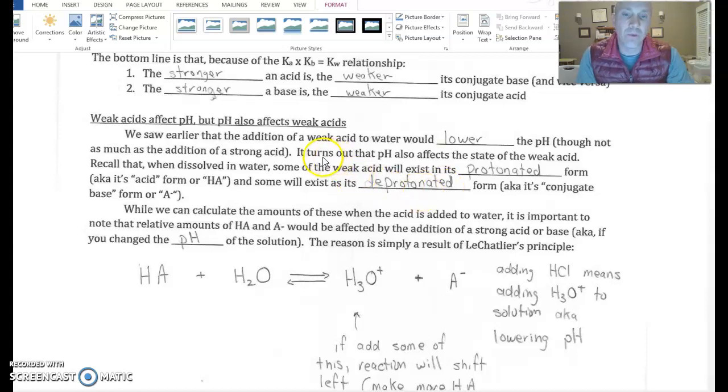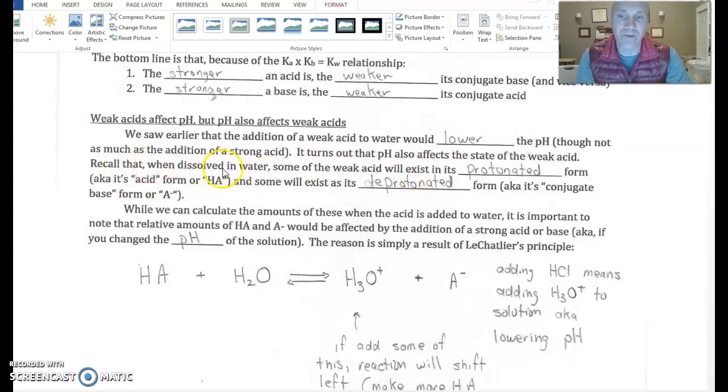But one thing that's interesting is that this relationship also works the other way around. The pH is also going to have an effect on the weak acid. So why does that happen?